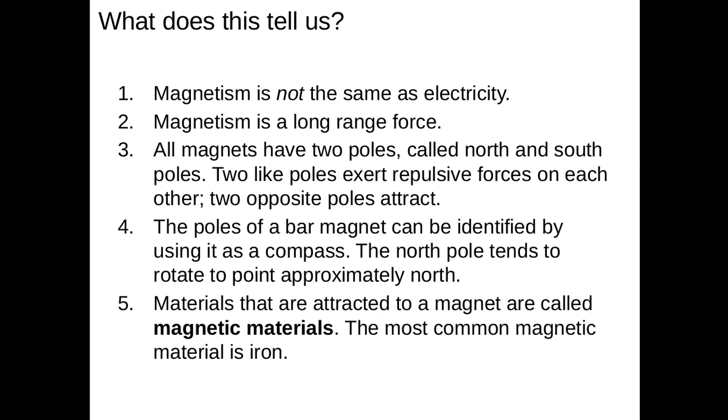So another similarity to electricity is that it behaves like a field. It's a long-range force, but we can't have a single magnetic pole. So we've got naturally occurring magnetic materials, some rare earth metals. That's what we use to make refrigerator magnets, or bar magnets that you see in a lab.